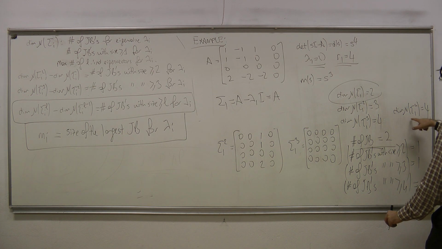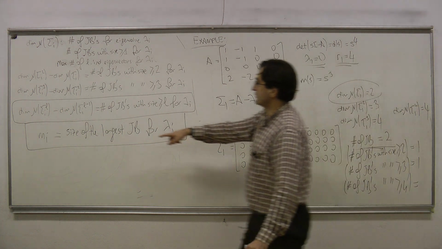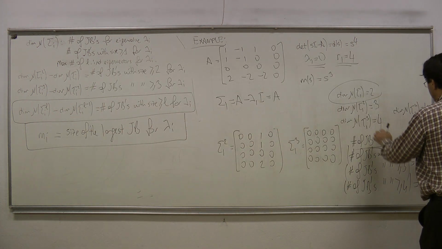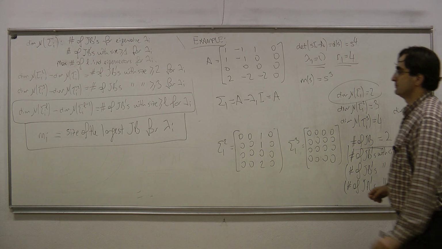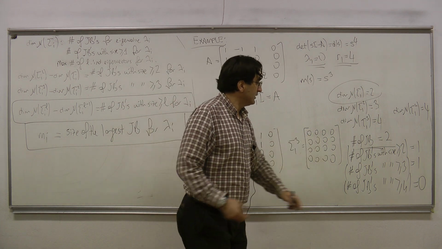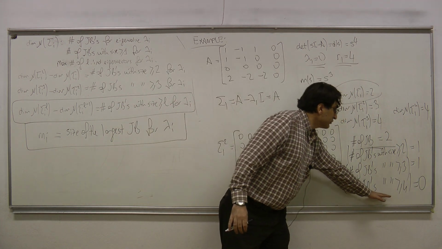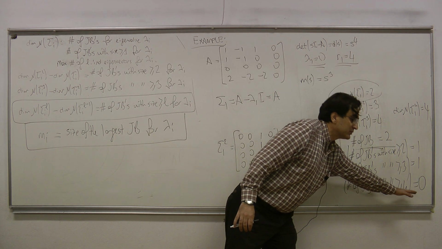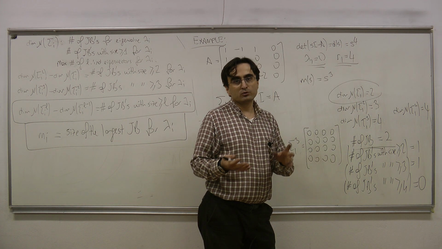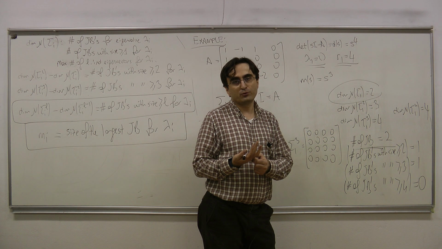According to this result, it is this difference, 4 minus 4, which is 0. So what do we see here? There are no blocks whose size is larger than or equal to 4.